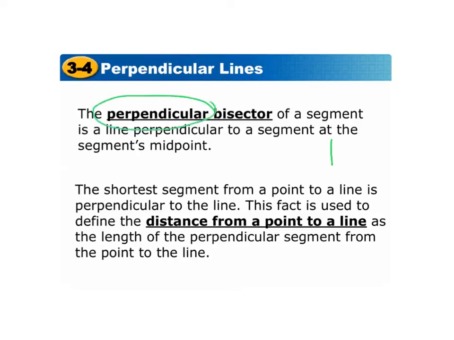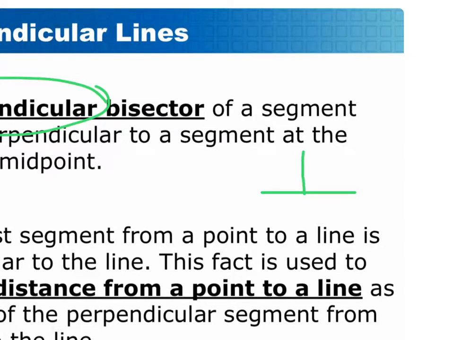We're just looking at the word perpendicular. We went over perpendicular lines yesterday, or Friday. So perpendicular lines intersect at a point, but what type of angle are we talking about? A 90-degree angle. So perpendicular means that they intersect at 90 degrees.